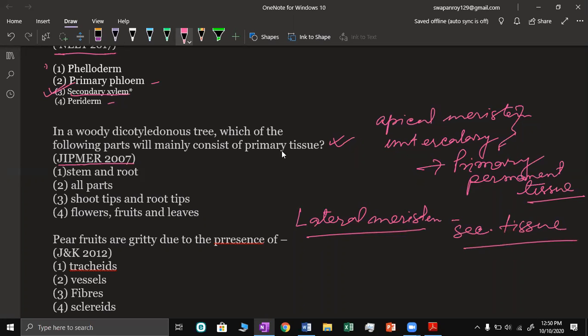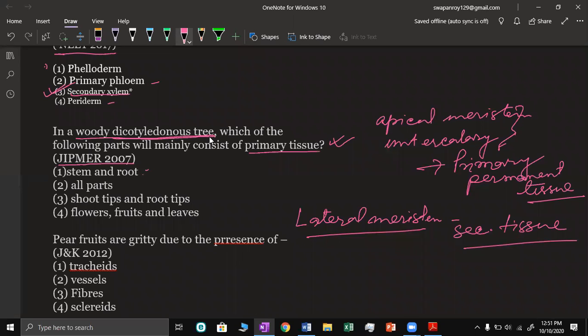So here the question is, in a woody dicotyledonous tree, which of the following parts will mainly consist of primary tissues? Here the options are stem and root. In general, it has been given because in the woody dicotyledonous tree, there is secondary growth also.